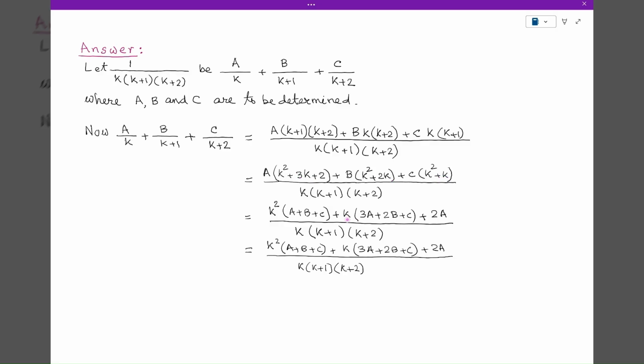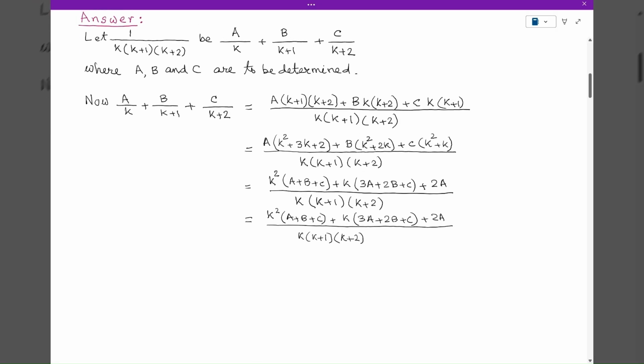So we separate out the three k terms to get k multiplied by 3a plus 2b plus c, and finally there is a constant term 2a, and the denominator continues to remain as before, which is k multiplied by k plus 1 multiplied by k plus 2. Okay, so again, that is left hand side, this, is equal to this.